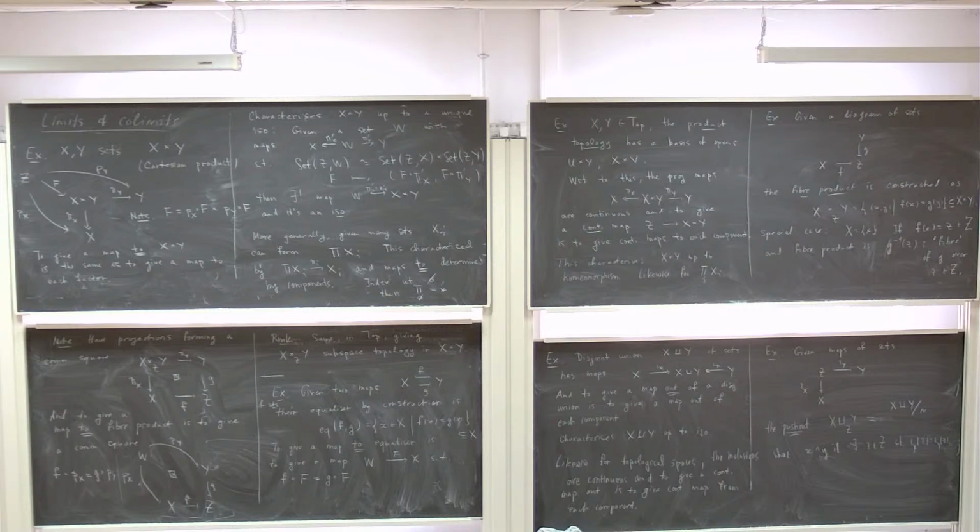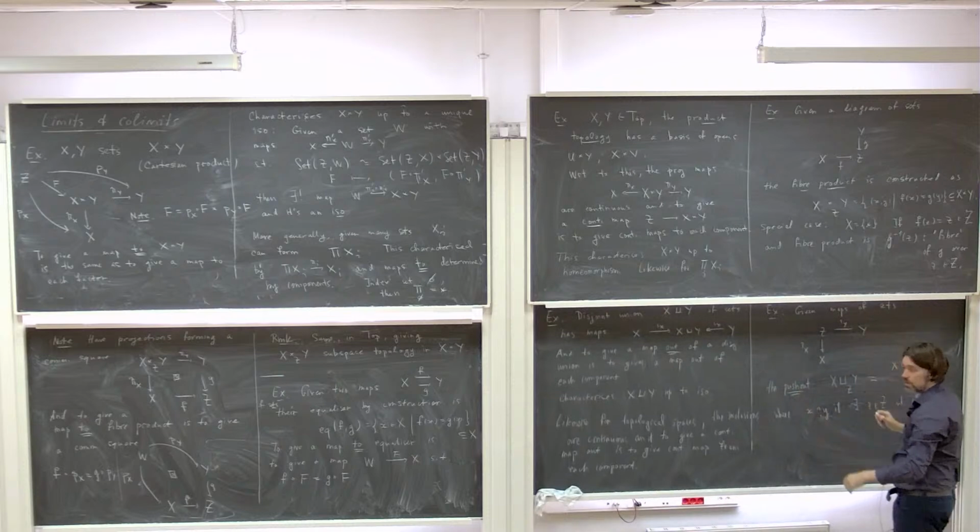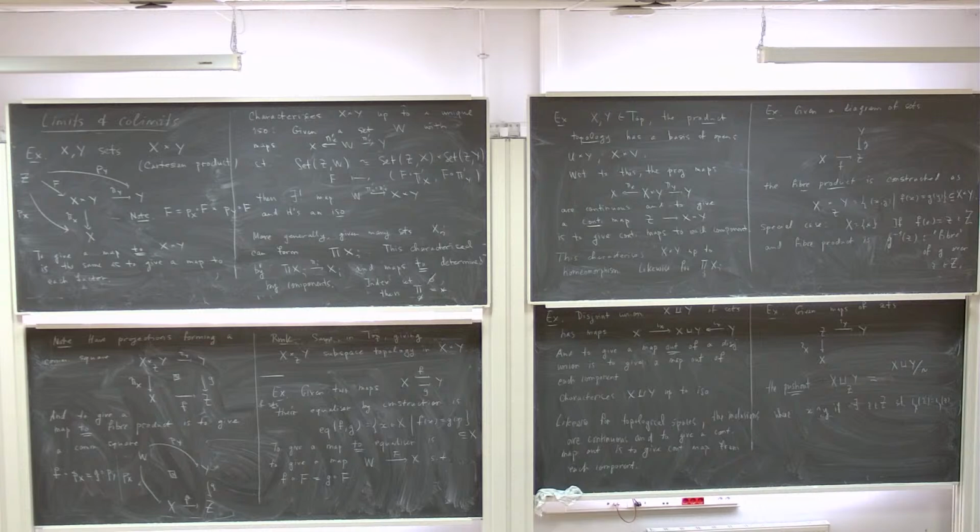And you do this a lot in topology. Maybe you just wrote something because... What's that? Because what you have written is similar to the fiber product, but it should be Ix of z equals x, Iy of z equals y. I said there exists.